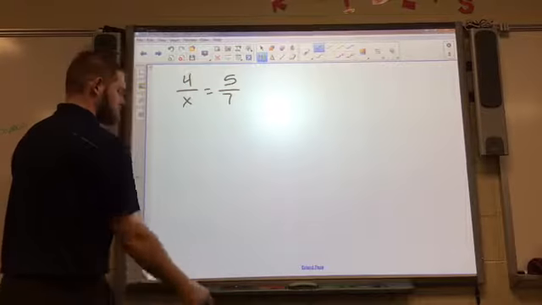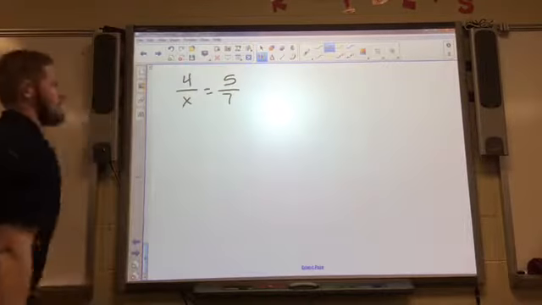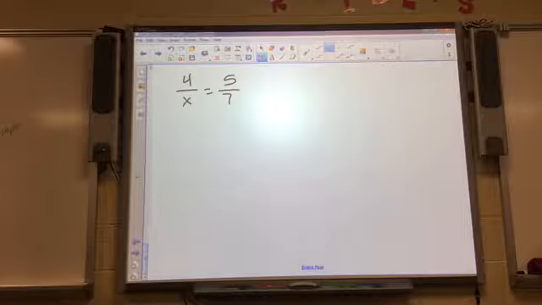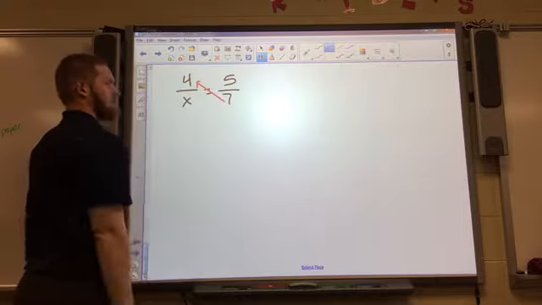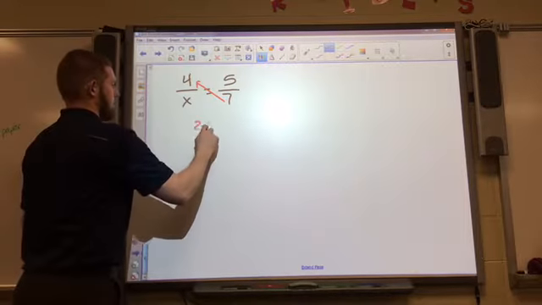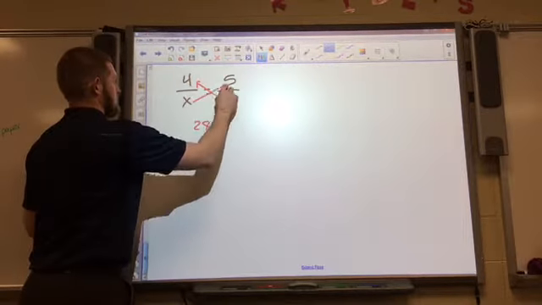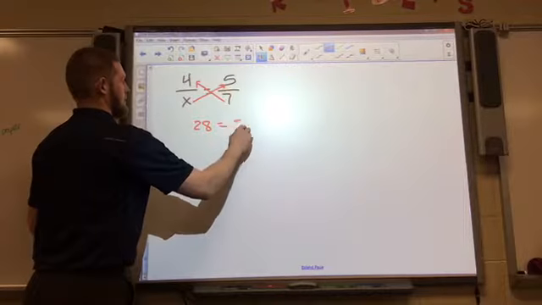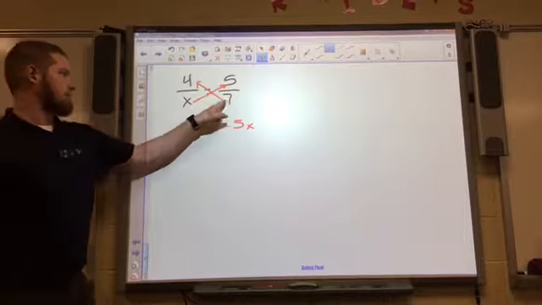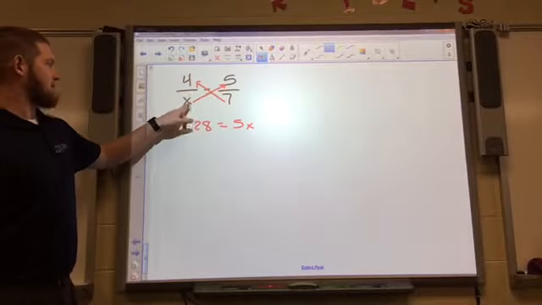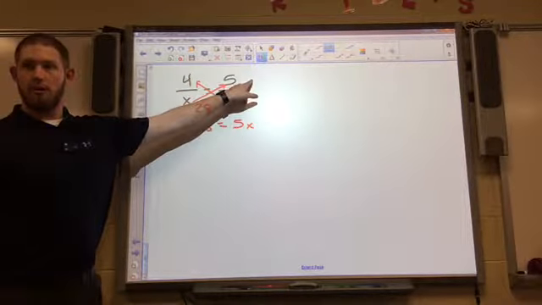I have to solve this. So I do exactly what Carson just told us. I cross multiply. I take 7 and I bring it to the top and I get 28. And I take x and I bring it to the top and I get 5x. Notice, did I do anything with the equal sign? No, I'm taking this 7 and I'm bringing it up and to the left. I'm taking this x and I'm bringing it up and to the right.